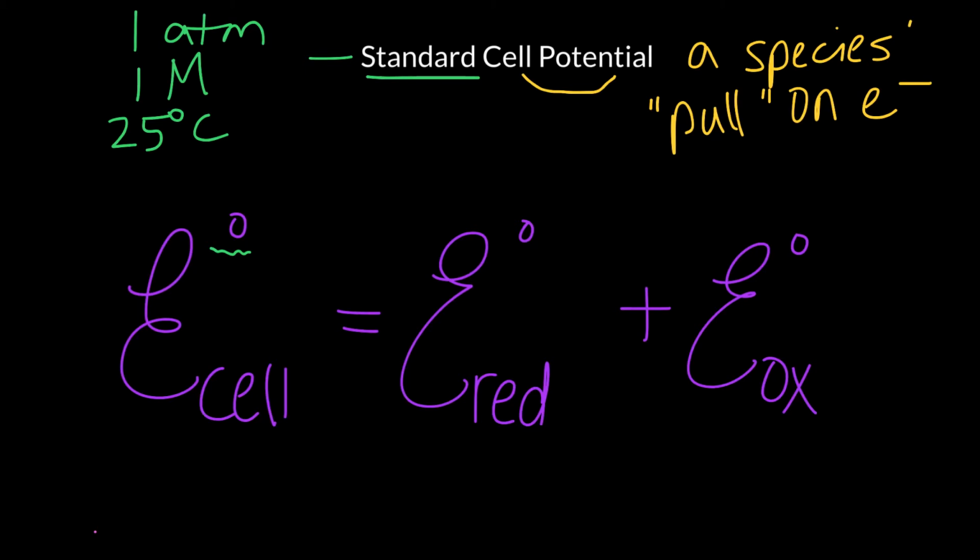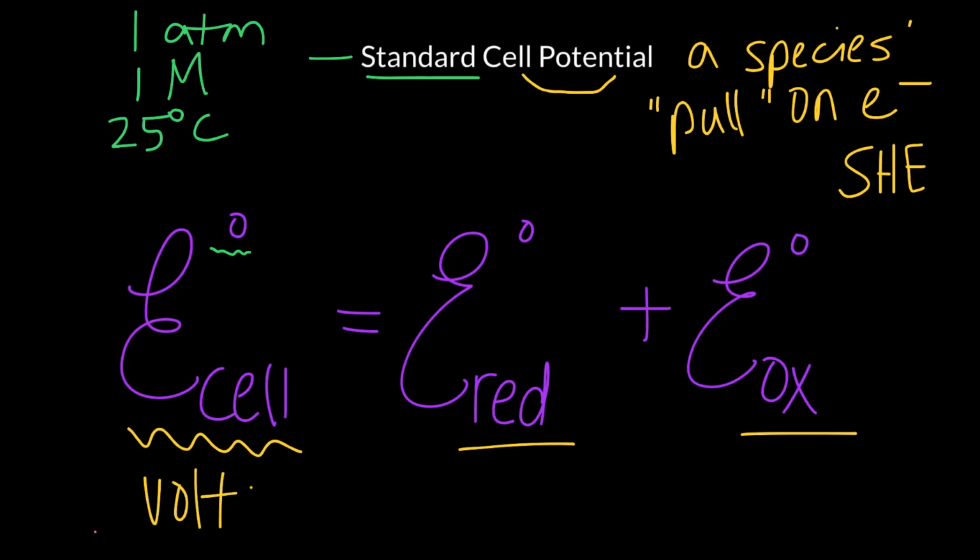When you're looking at the different half reactions, like the reduction or the oxidation half reaction, the cell potential is compared to the SHE that we talked about in the POGIL, the standard hydrogen electrode. When you take both of those and add them together, you'll get the overall standard cell potential for that particular electrochemical cell. And that is measured in a unit of volts.